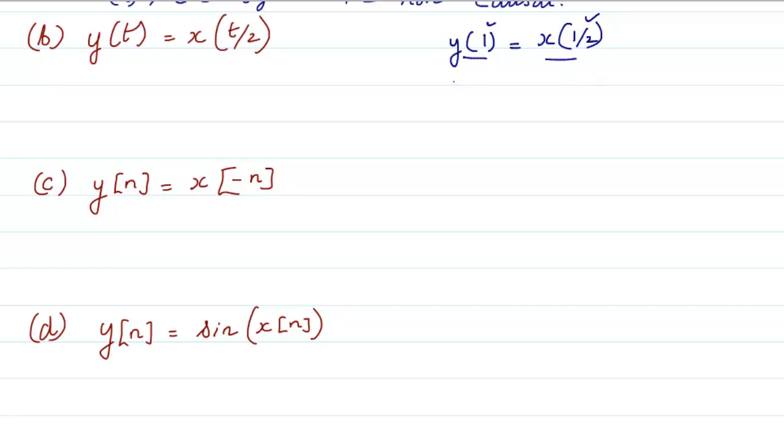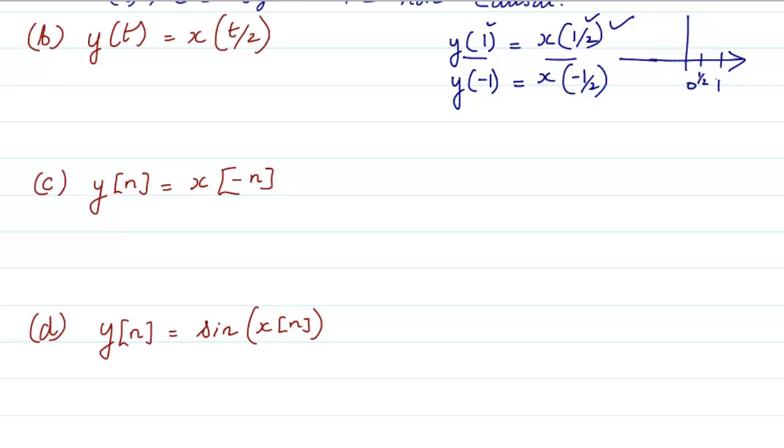But if I put a negative value, that means if I want to find the value of y(-1), then what do you find? y(-1) is equal to x(-1/2). Now if you look in the timeline, if this is 0, in this case 1 was here and half was here.